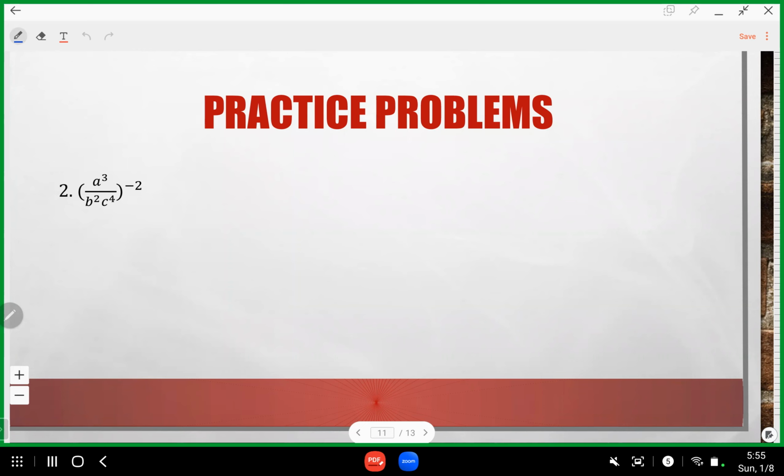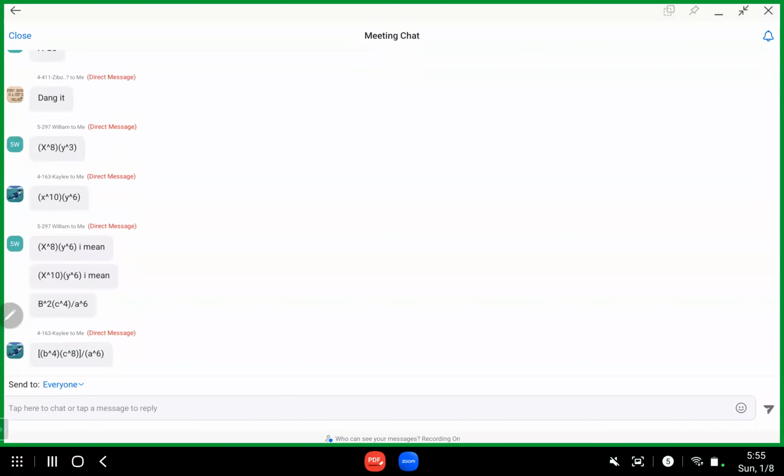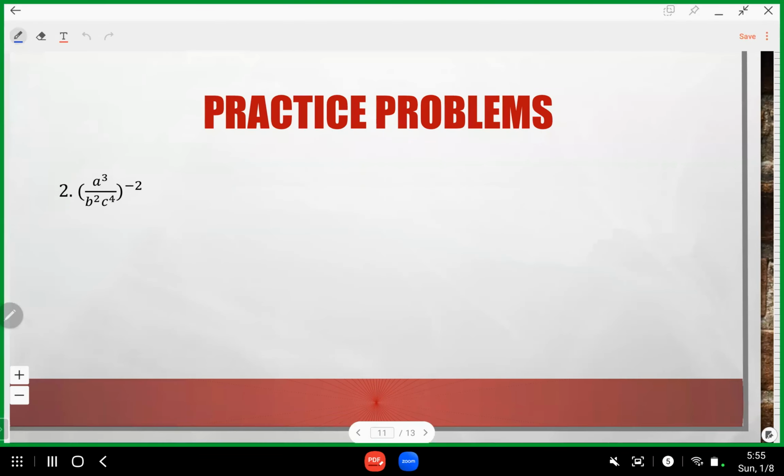All right, so now let's solve this one. All right, b to the 4th times c to the 8th over a to the 6th. Very good. So I think those are correct answers. So what you can do here is remember what I did earlier, you can actually flip the inside of this and turn this into a positive exponent.